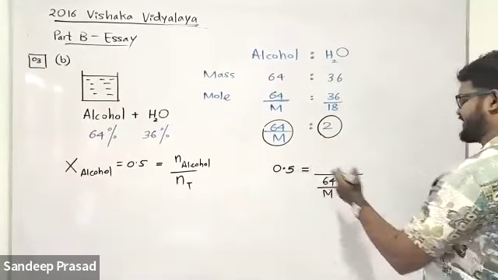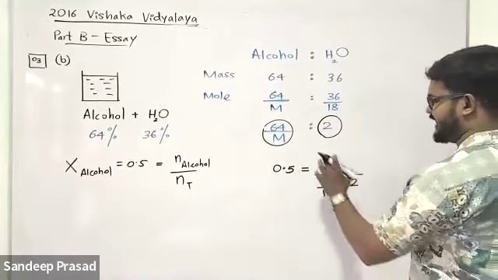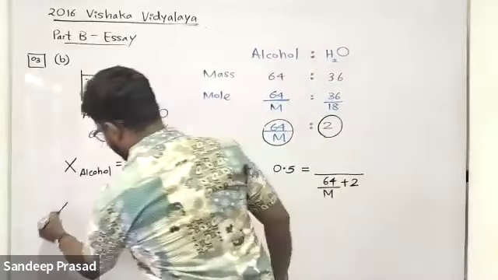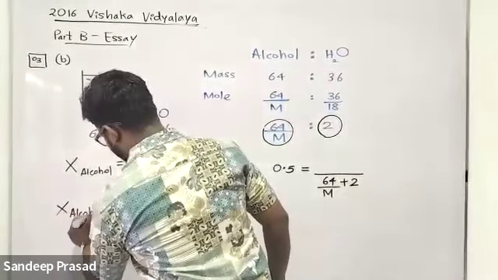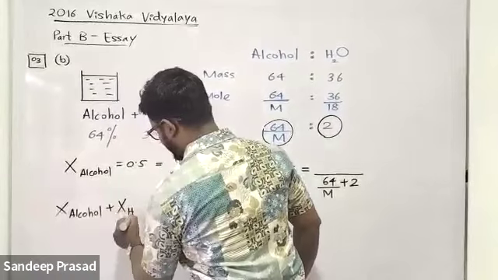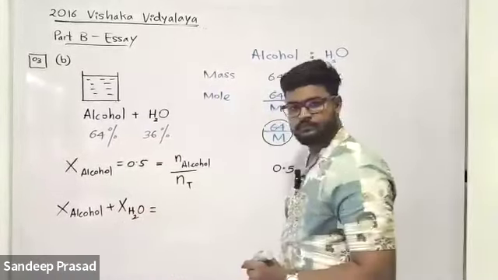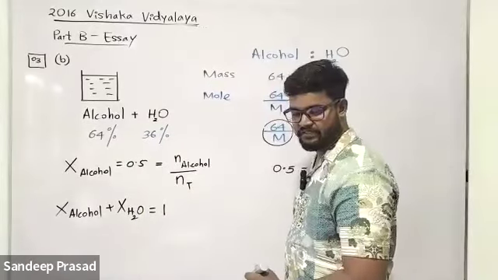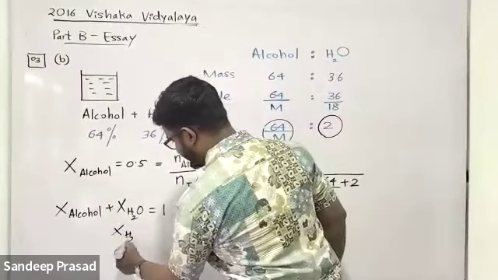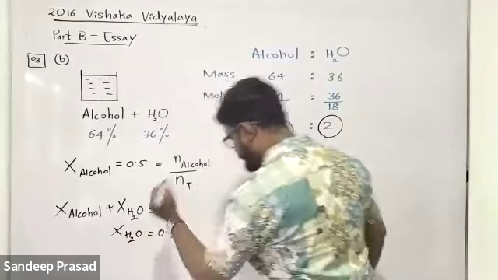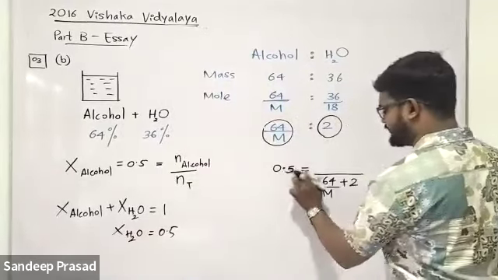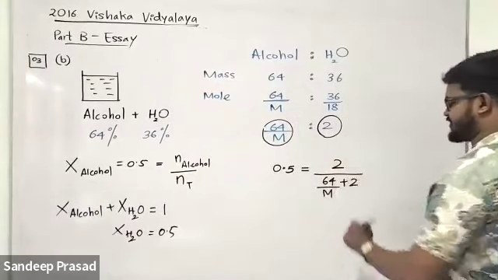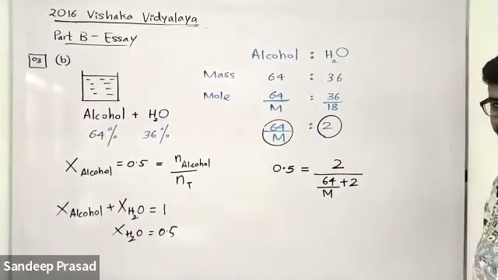This is very easy. Rather than using the alcohol mole fraction, we know that if the alcohol mole fraction is 0.5, the water mole fraction must also be 0.5, since the mole fractions sum to 1. That is the theory we learned. So 0.5 is equal to the mole fraction of water, 2 over 64 over M plus 2.